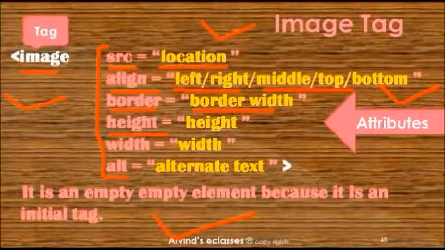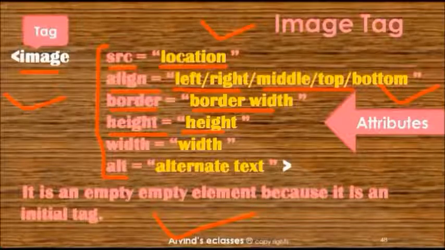And the fourth one is height, in the sense we want to set the height of our image, and here we also give a value in percent. Next one is width, meaning here we set the width of our image. Here also we give a percentage. And the last one is ALT, which stands for alternative, and here we set text.